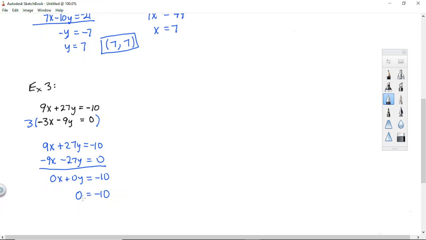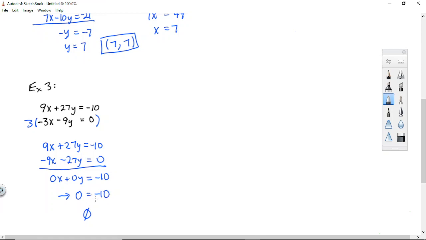So this is just like solving an equation. Systems of equations are the same in the sense that if you end up with a false statement, that means your solution set is the empty set. And the logic behind that is there's no value of x and y that can ever make this true. 0 is just not equal to -10.